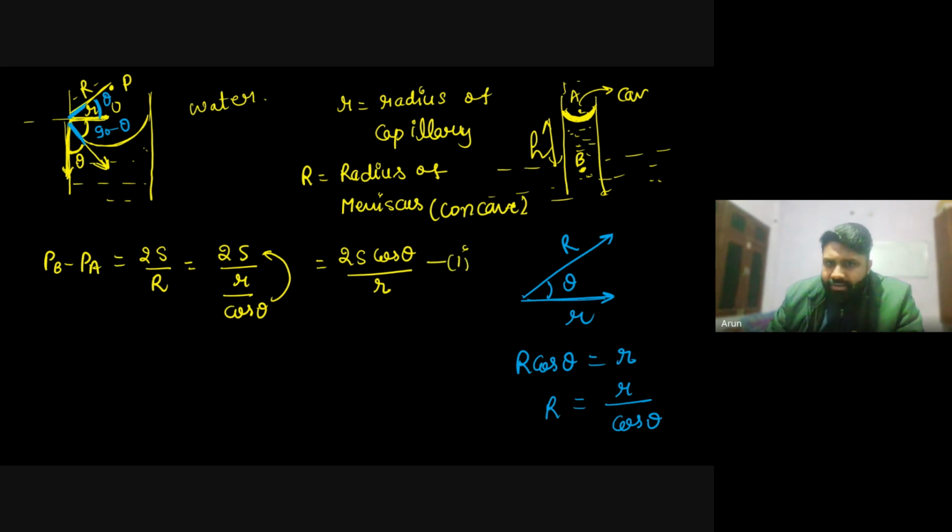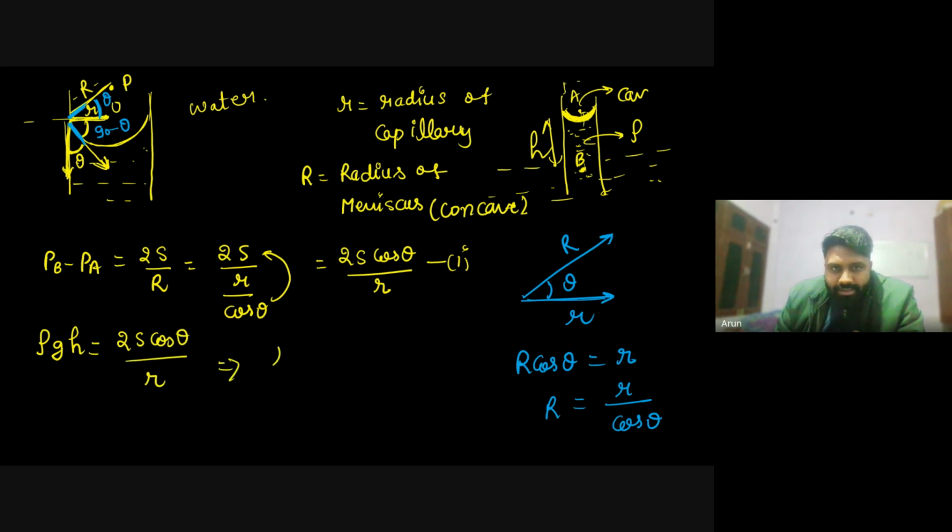Now, we know from the pressure difference formula, if the height is h and the density of this liquid is, let's say, rho, then the pressure difference between PB and PA is rho g h. So rho g h equals 2S cos theta divided by small r.